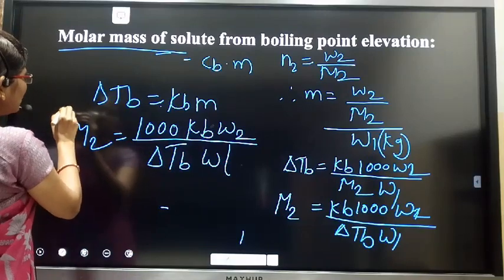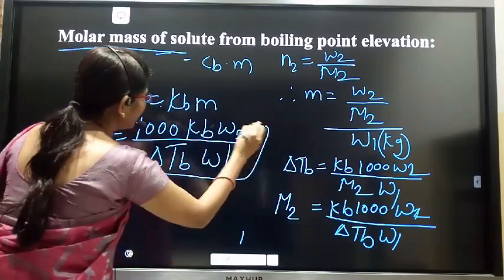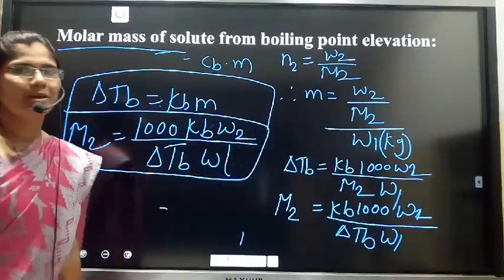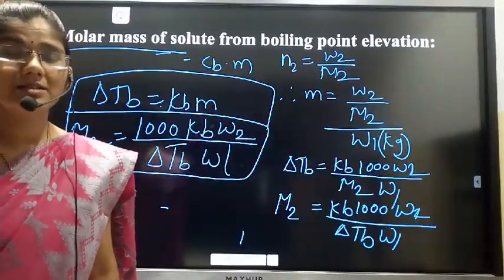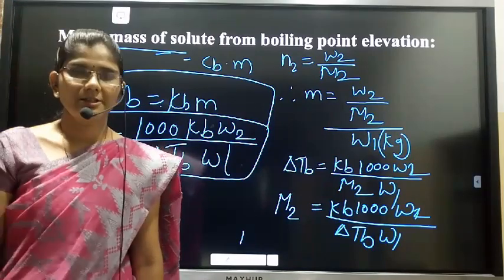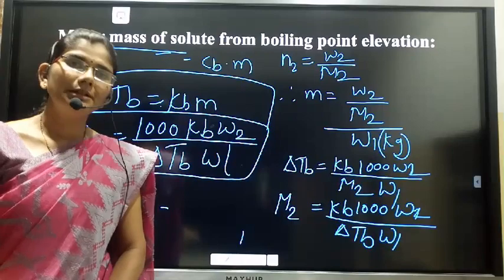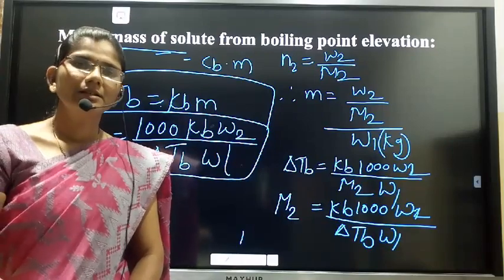So these two formulas are very important for the boiling point elevation, where Kb is called the ebullioscopic constant. So dear student, we will stop here. We will meet in the next lecture. Thank you.